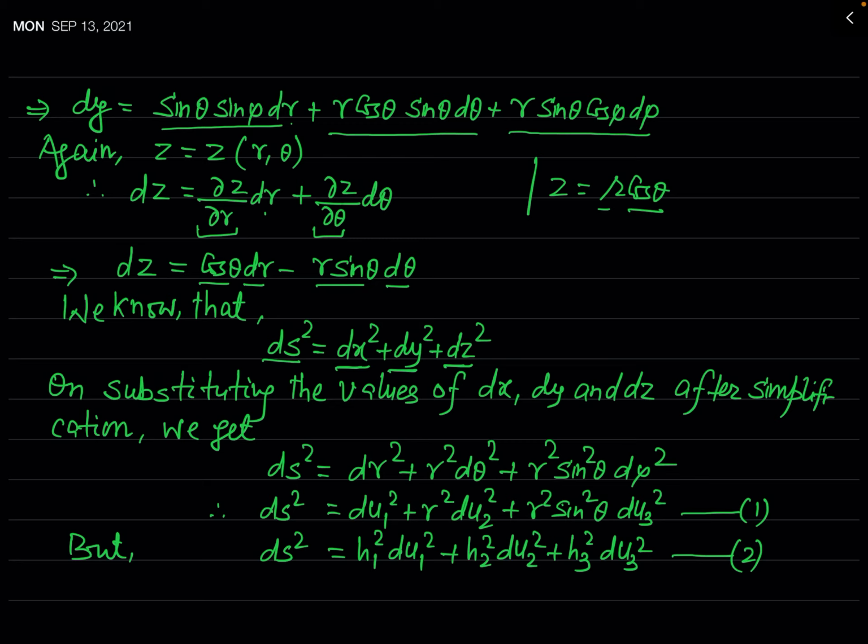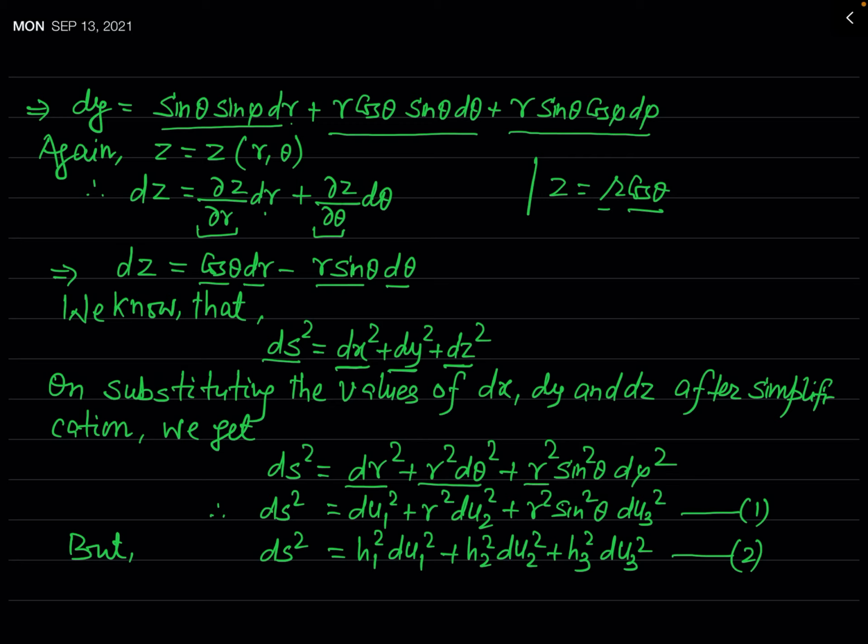Actually, there will be a lot of algebra, but you can do it. You have simply to put in the values of dx, dy and dz, and after squaring those terms and doing the algebra, you will get the result. I have not done that algebra; this is just homework for you.